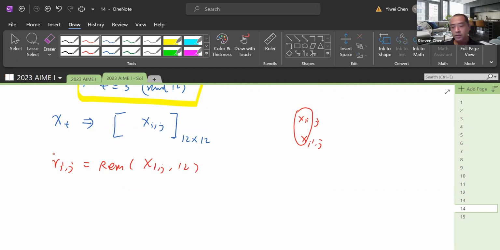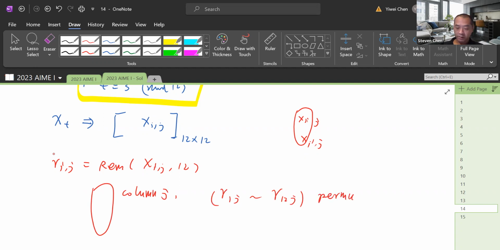To avoid coinciding with a previously experienced position, we essentially require that for every column, let me call it column J, the remainders of every entry in the column, R_1J up to R_12J, must be a permutation of 0, 1 up to 11.